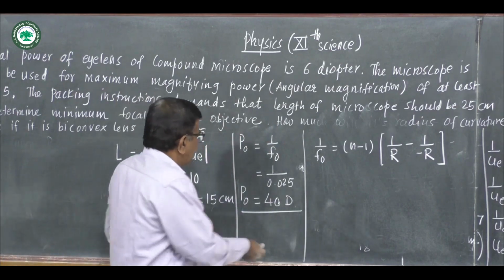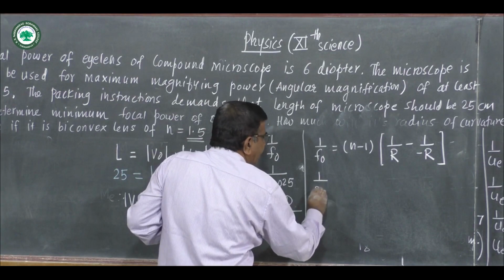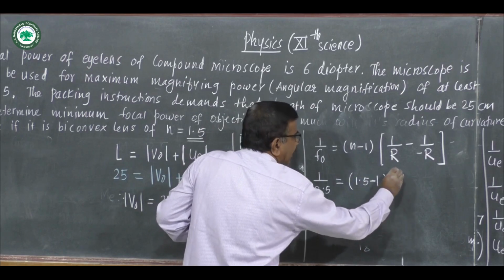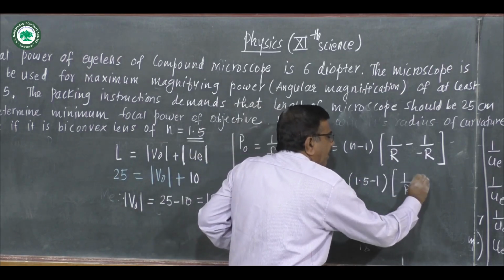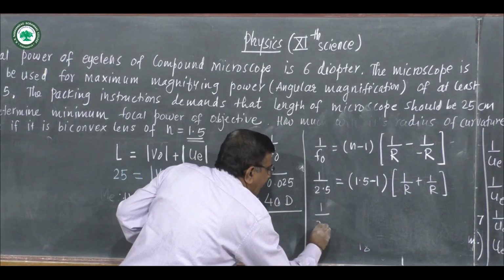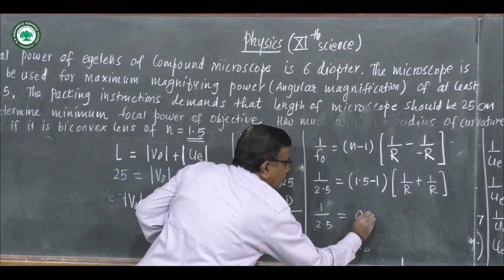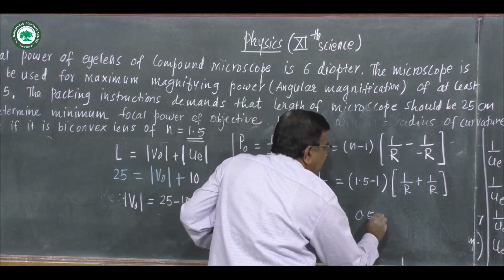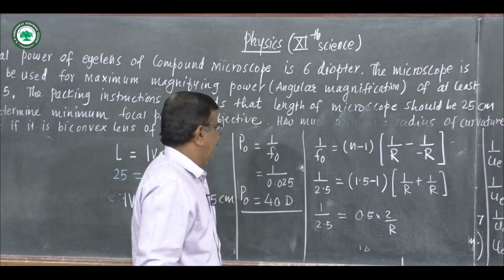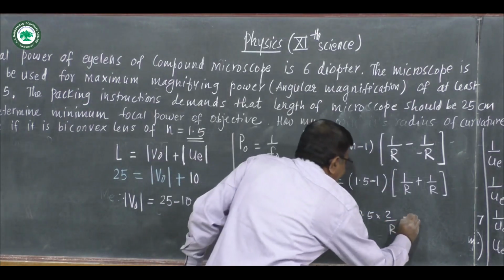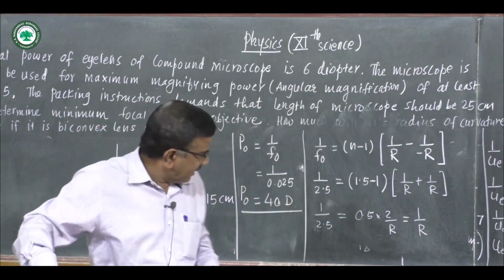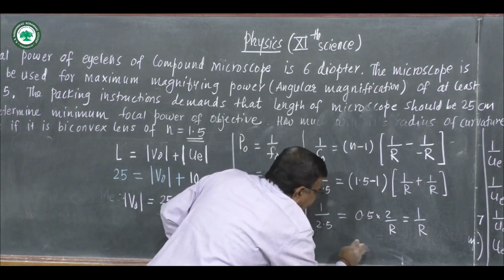So 1 upon 2.5 is equal to 1.5 minus 1, in bracket, 1 upon R plus 1 upon R. This is equal to 0.5 into 2 upon R, which is 1 by R. So 1 upon 2.5 is equal to 1 by R. Therefore, R is 2.5 centimeter. This is our second answer.